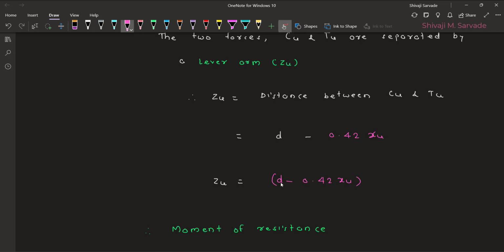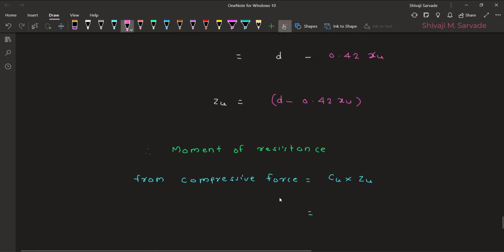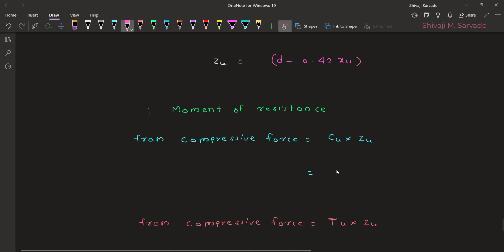Therefore the moment of resistance, if I am taking it from the compression force, would be Cu into Zu. Now I know that Cu is 0.36 FCK into XU into B, and Zu is d minus 0.42 XU.